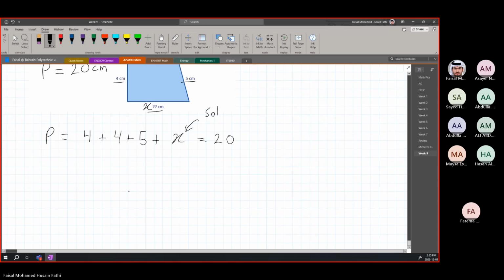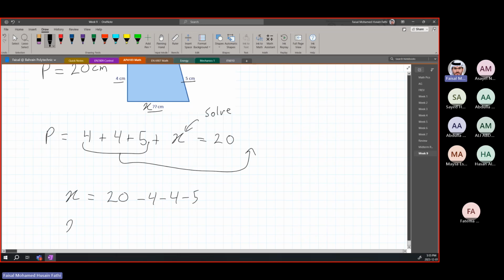We will move all of these to the other side. x is going to be equal to 20 minus 4 minus 4 minus 5. x is going to be equal to 7 centimeters. Done. We found the missing side. Moving on to the next question.